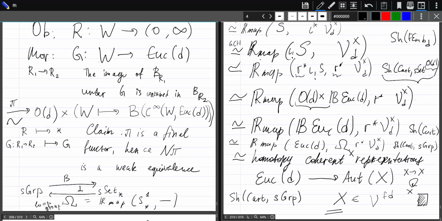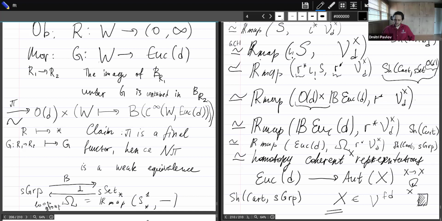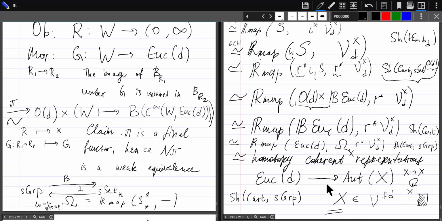So you see just a vector space, finite dimensional even, and you have a representation of your Euclidean group. Okay, thank you.